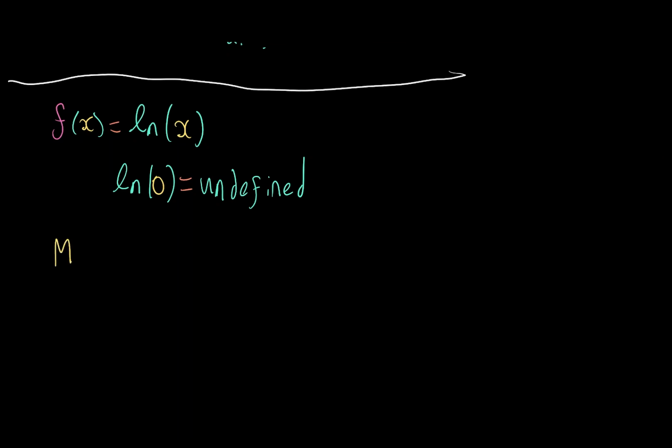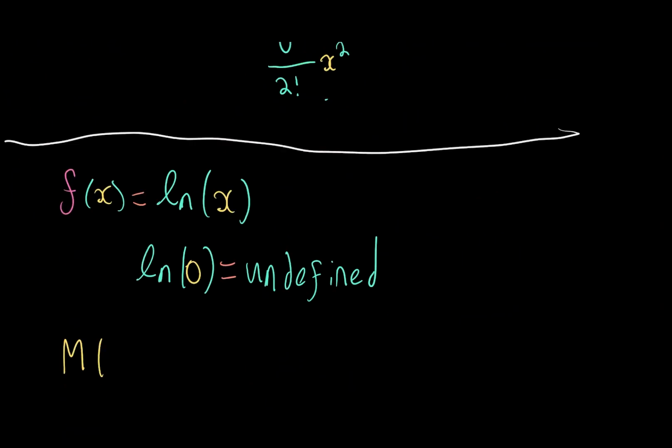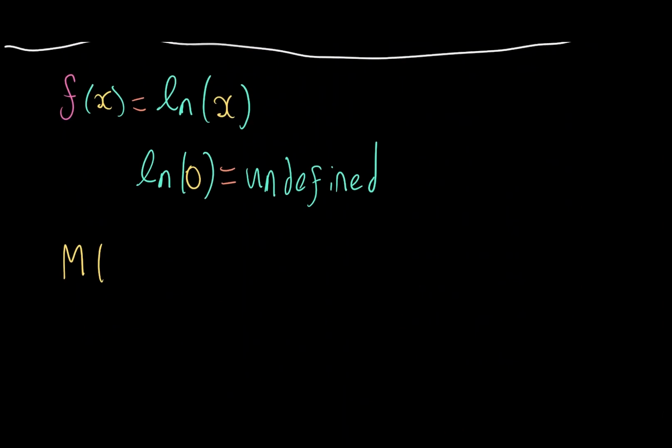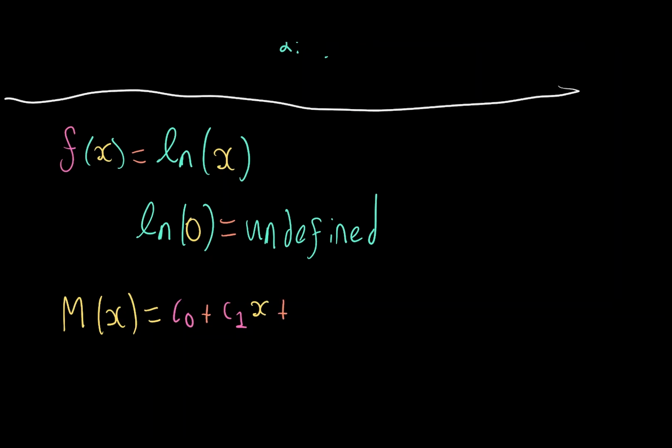So let's write our series again. And the reason why we're not writing this formula down again is because it won't work, as we saw. So let's just make this brief. M of x is equal to c0 plus c1 times x plus c2 x squared plus, and so on.